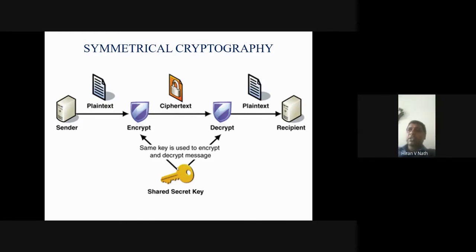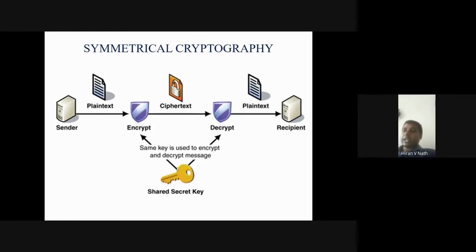So the symmetrical key crypto system, which is the basic key crypto system, where you'd be a sender using the plain text. There will be a publicly known algorithm which is taken. Most of the algorithms are publicly known, except for defense agencies, which use their proprietary algorithms.